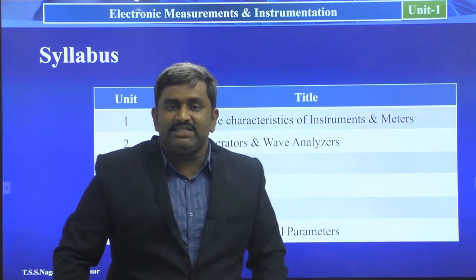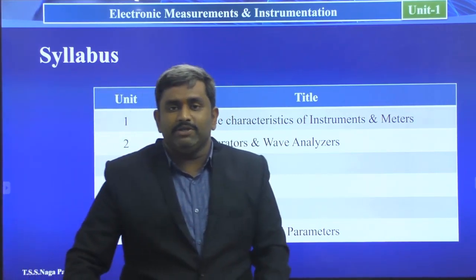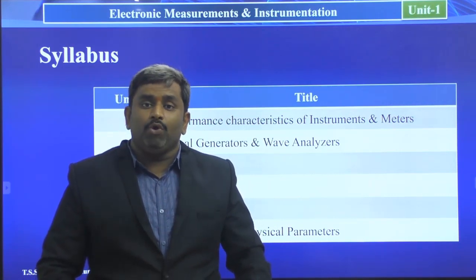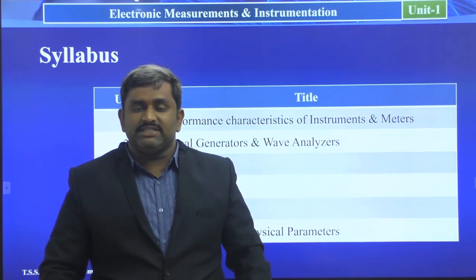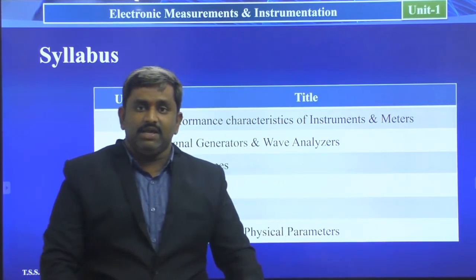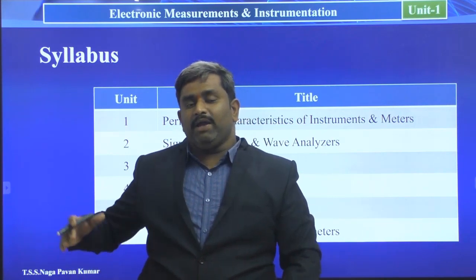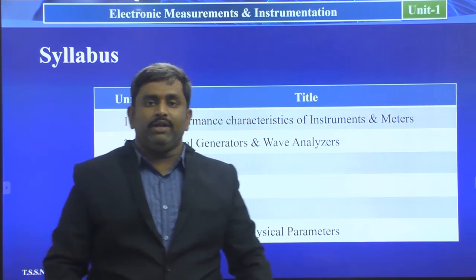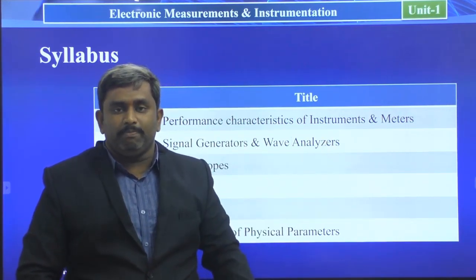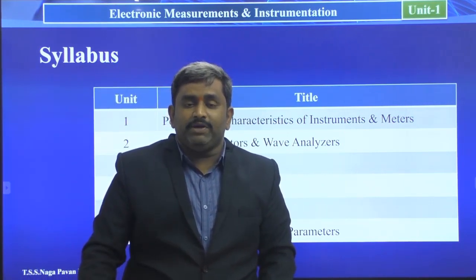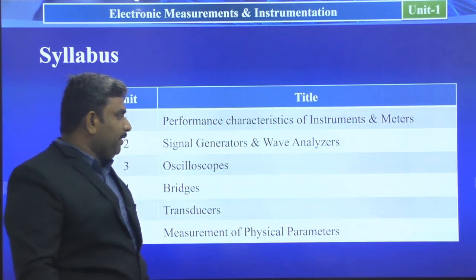With the help of DC and AC bridges, we measure the unknown RLC parameters using known resistances, inductances and capacitors. By knowing a known resistance value, we analyze the unknown resistance of a component. So with bridges, we are measuring unknown RLC parameters.